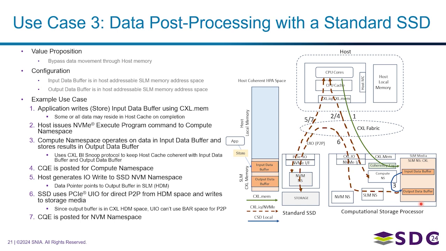The value proposition is very similar to use case 2 in that we're going to bypass data movement through the host. We're going to transfer data peer-to-peer once again. So in this case, our input data buffer and our output data buffer are both in host addressable SLM space. So step 1, we're going to use write.